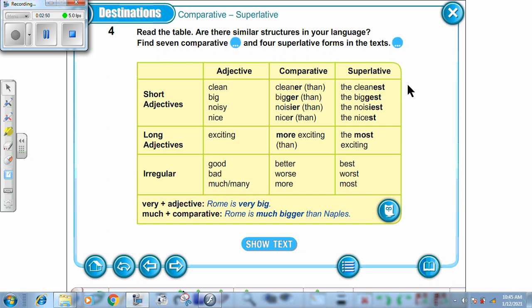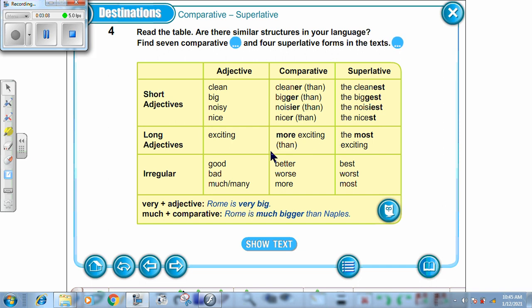The cleanest, the biggest, the noisiest, the nicest, and so on. What about long adjectives? I'm gonna put the most plus the adjective, the most exciting, the most beautiful.